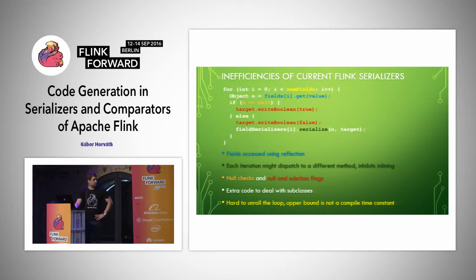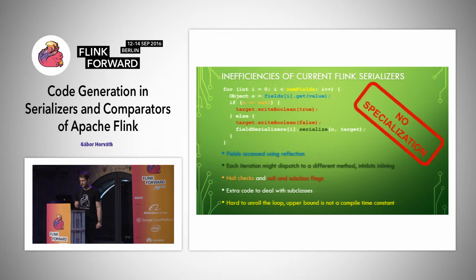We also cannot really unroll this loop easily, because the upper bound of this loop is not a compile time constant. So basically, the problem is that this code is great for generic use, but there is little specialization that the JVM can do for a certain class for this code to be efficient.